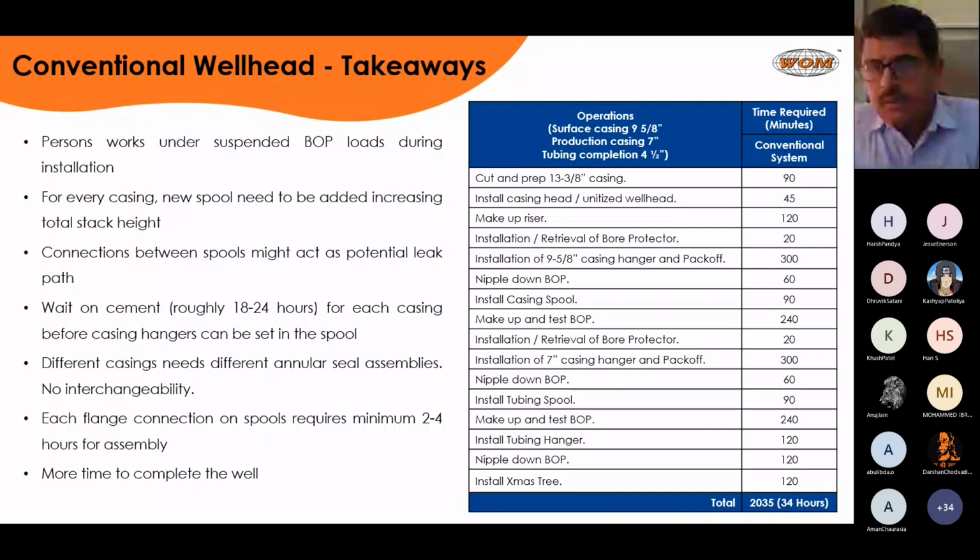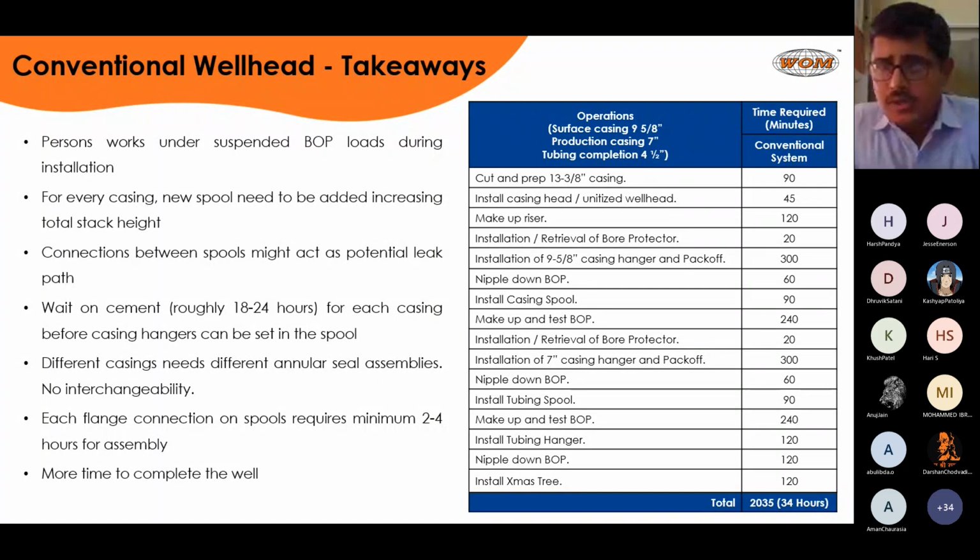I'm not talking about the cementing process or the circulation process. I'm just talking about the wellhead equipment which we supply and the timings recorded in the field. The consideration is given for one surface casing which starts with 9 5/8, the production casing which is 7-inch, and the tubing completion which is 4.5.